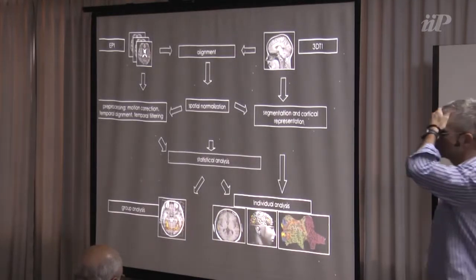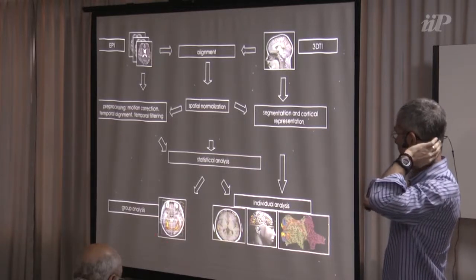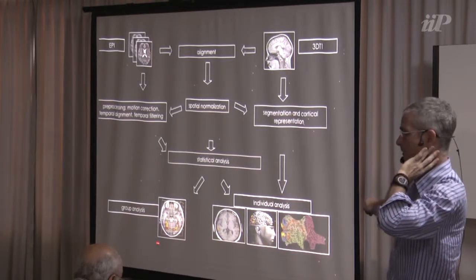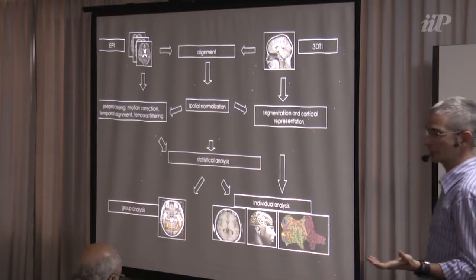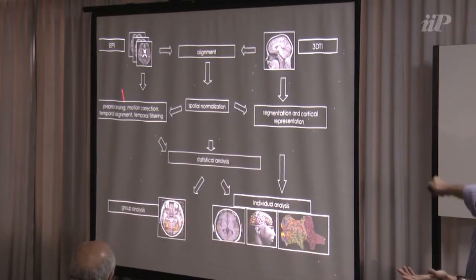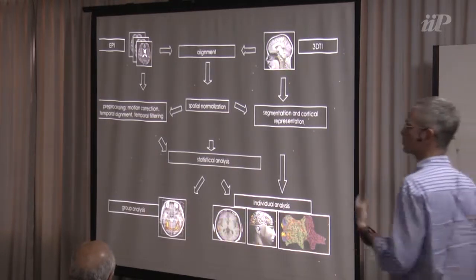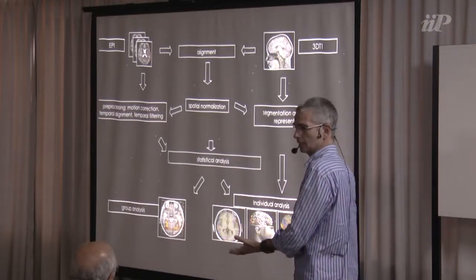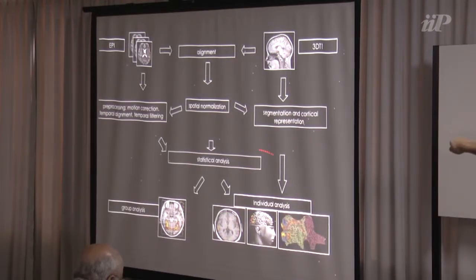It means that in order to get these maps, which are the results of an fMRI study, you have to go through many different processing steps. It's not a straightforward technique. Once you have the images acquired, you have to go through a whole bunch of steps.